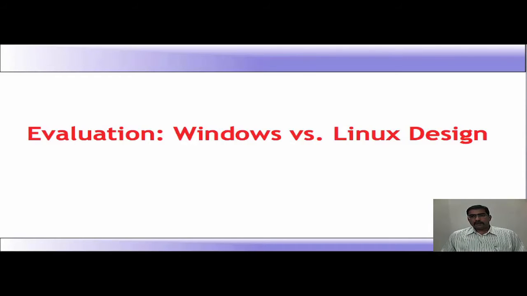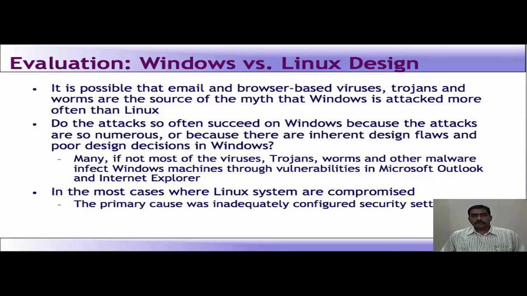Now, let's look at the evaluation between Windows and Linux designs. It is possible that email and browser based viruses, trojans and worms are a source of the myth that Windows is attacked more often than Linux. Do the attacks so often succeed on Windows because the attacks are so numerous? Or is it because there are inherent design flaws and poor design decisions in Windows?